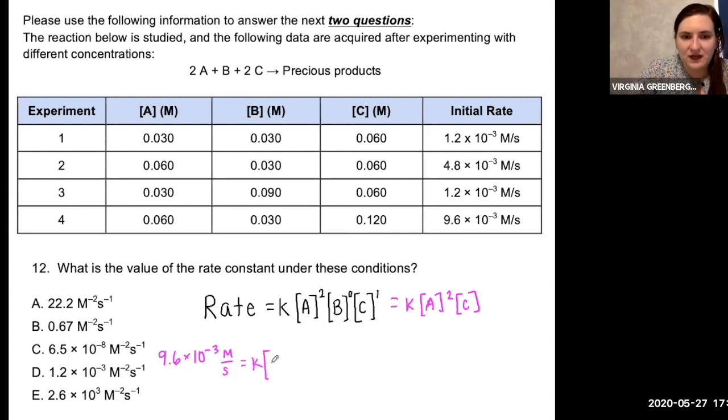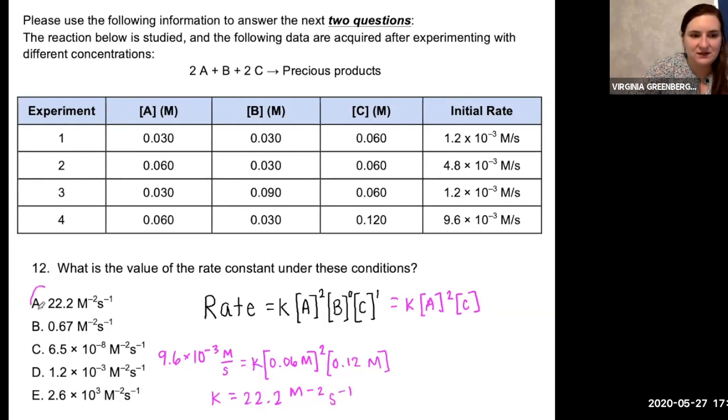I need my concentration of A, which was 0.06 squared, times my concentration of C. And so now all I have to do is solve for K. And so when we solve for K, we'll find that its value is 22.2, and the units for a third order reaction, one it being molar to the -2, seconds to the -1, corresponding to answer choice A.